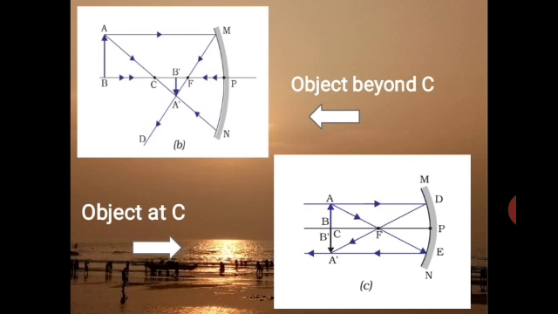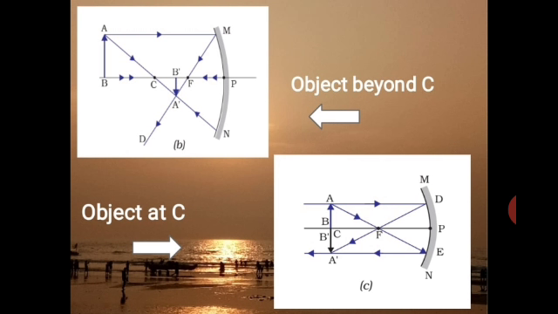The second ray passes through the principal focus, which as per the rule must become parallel to the principal axis after reflection. The ray AF is passing through the focus, meets the mirror at point E and becomes parallel. This parallel reflected ray is shown as EA dash. A dash is the point where both the rays are meeting after reflection. Thus, that is our position for the image.